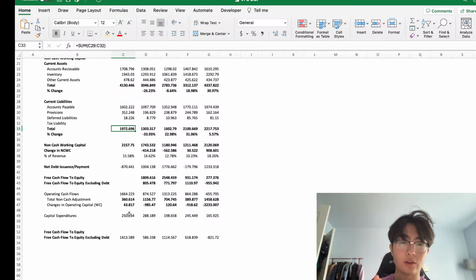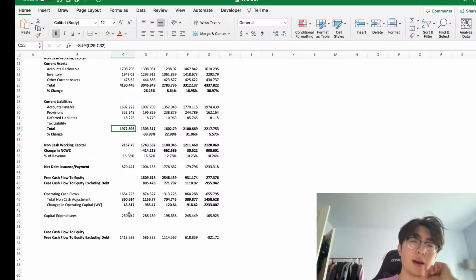So these are going to be 3 different non-cash expenses or revenues that we could adjust in order to reflect the cash flows not actually flowing in or out of the business due to these expenses. Another thing we want to do is look at the changes in operating capital, working capital. I think specifically non-cash working capital.